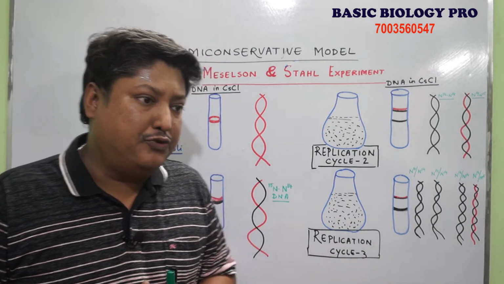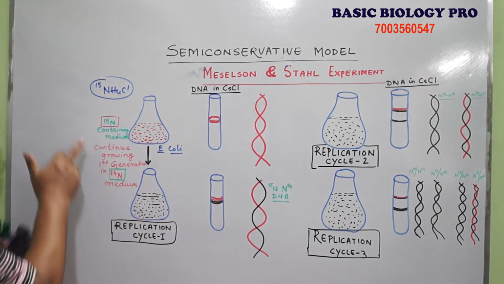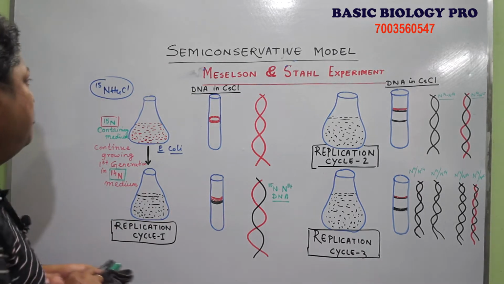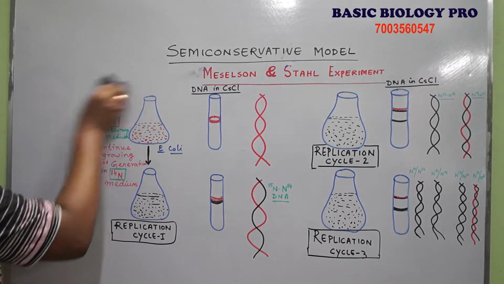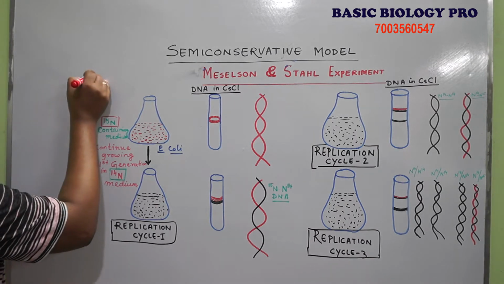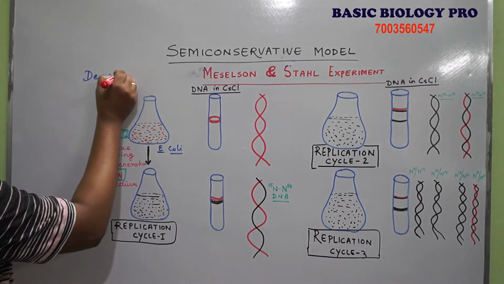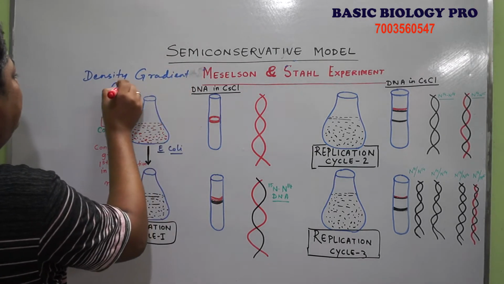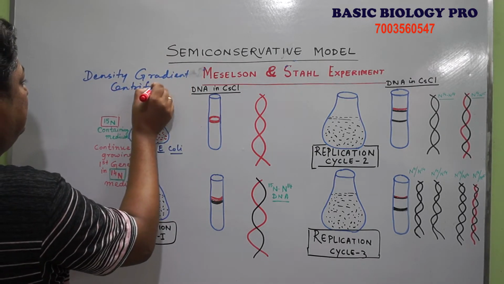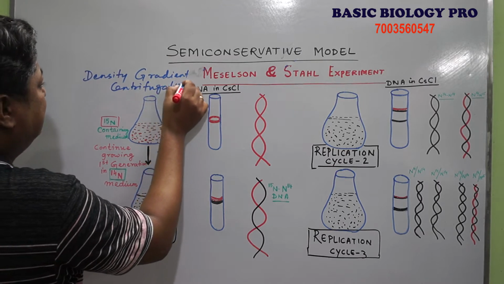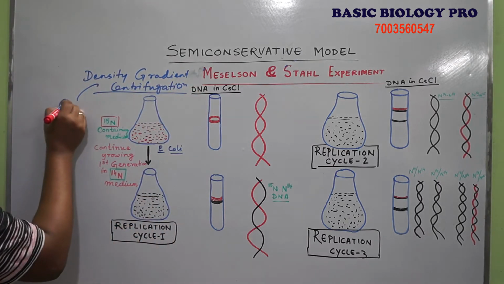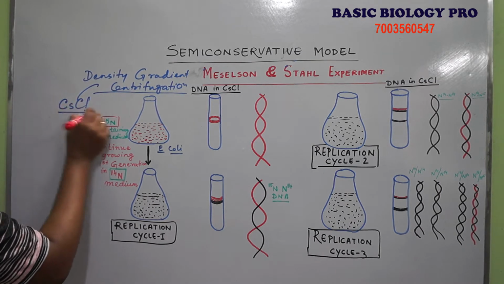But one thing you have to know is that the separation of 15N and 14N is possible due to a specific technique known as density gradient centrifugation. In this technique a specific chemical is used, known as cesium chloride.